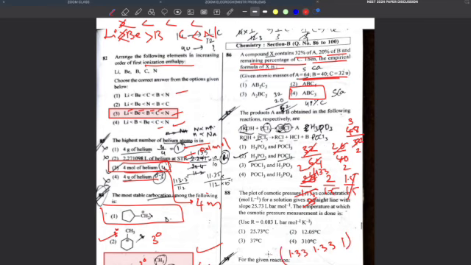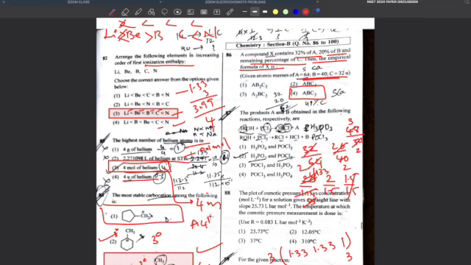If I multiply by 3, this one becomes 3, and 1.33 into 3 becomes 4.